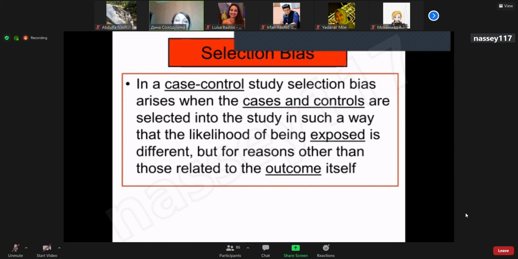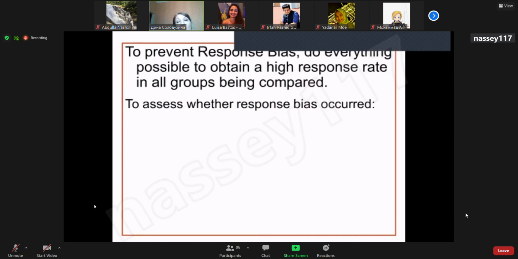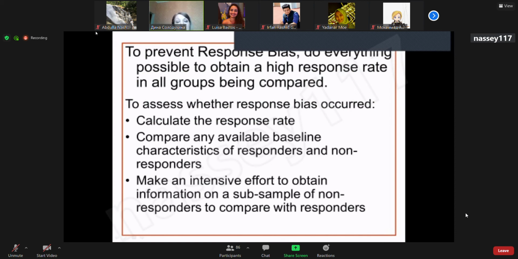One more type of bias is called response bias, and it's the matter of different response. To evaluate this problem, we have to assess the rate of response, and we must compare the baseline characteristics of responders and non-responders, because if we see that the characteristics of subjects are different, we can expect that the response rate will also be different in different groups.